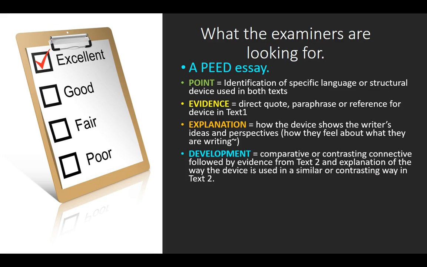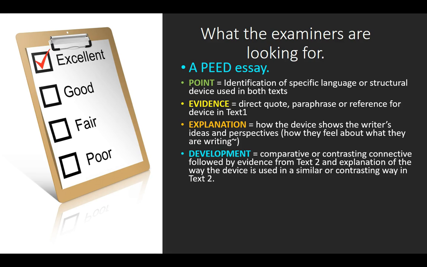In the development section of your PED essay, what you need to do is to provide a comparative or contrasting connective to signal to the examiner that you are now going to move on and provide some evidence from text 2 of the device, the language or structural device being used in text 2.